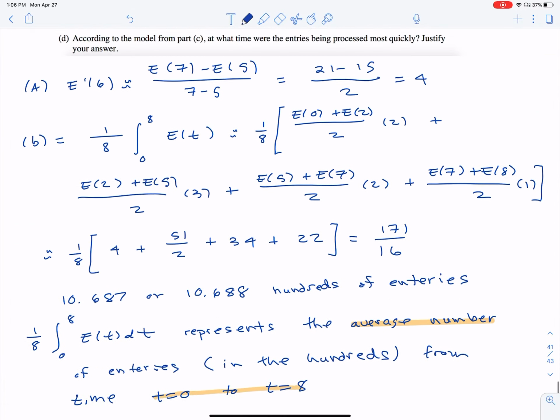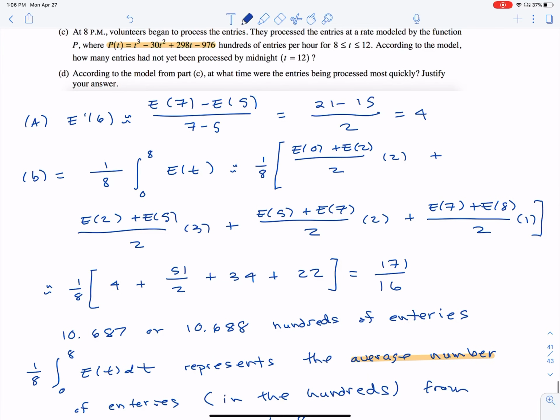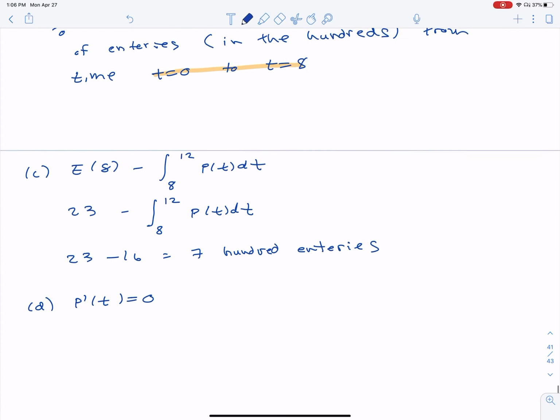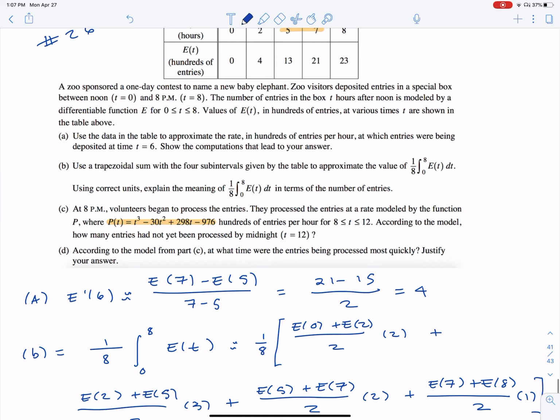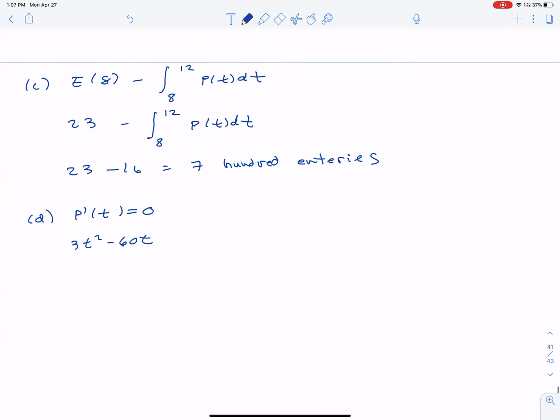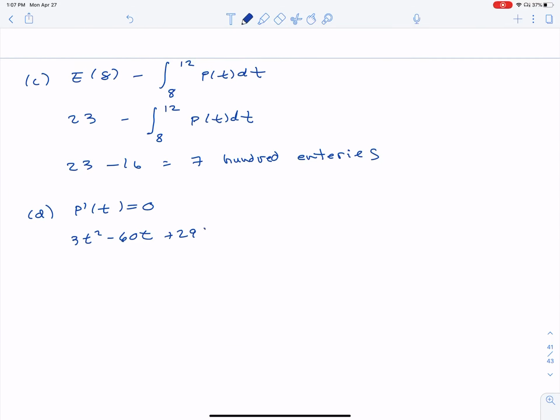So P prime of t is going to be 3t squared minus 60t plus 298 equals 0. And we're going to put that on our graphing calculator and get our values.